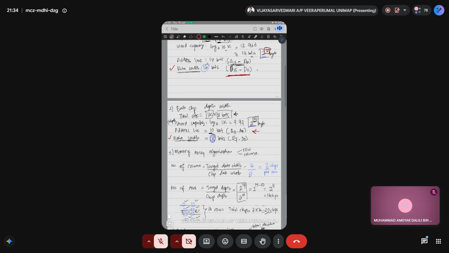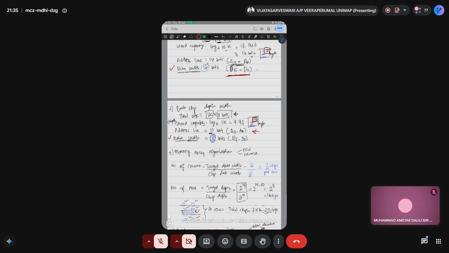Then the same step for the chips. We have 1K times 8 bits. You change the 1K to bits, so you will have approximately 2 power of 10, and your address line is 10 bits, A9 to A0.